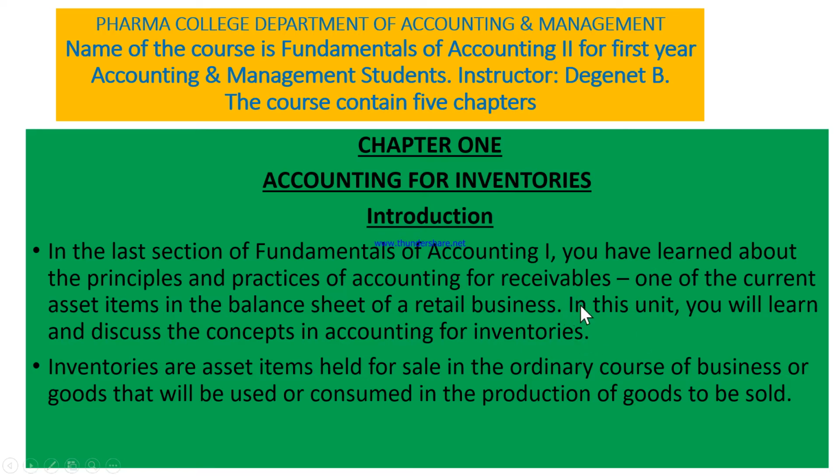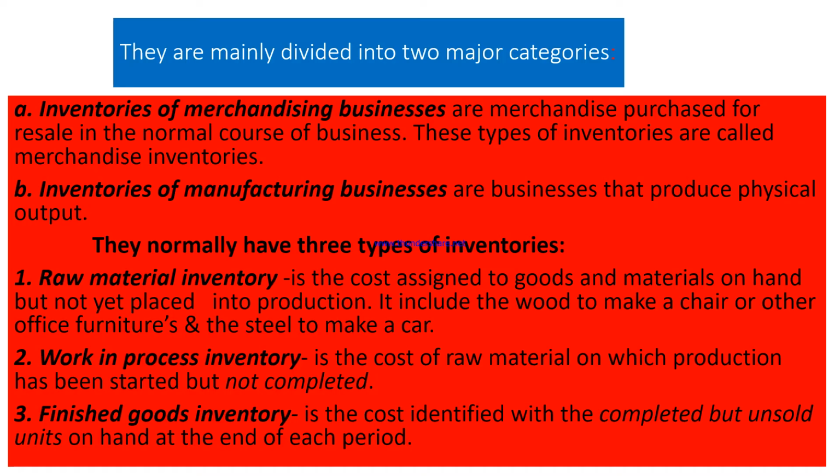In this unit, you will learn and discuss the concepts in accounting for inventories. Inventories are asset items held for sale in the ordinary course of business, or goods that will be used or consumed in the production of goods to be sold.